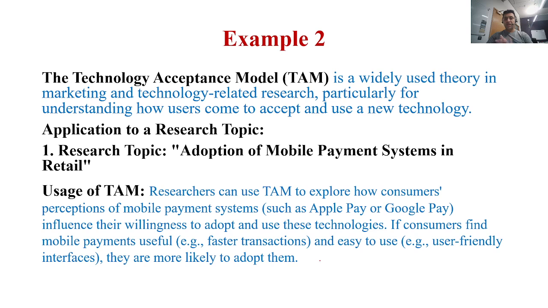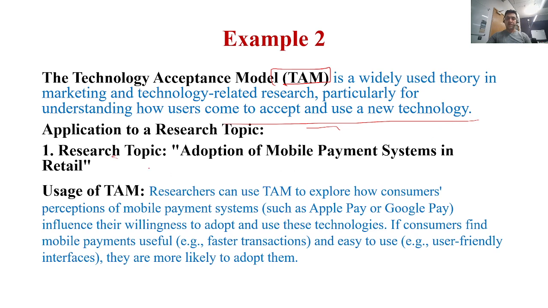The same way, if you move forward and see, there's a model known as TAM model or technology acceptance model. This is a widely used theory in marketing and technology related research, particularly for understanding how users come to accept the new technology.